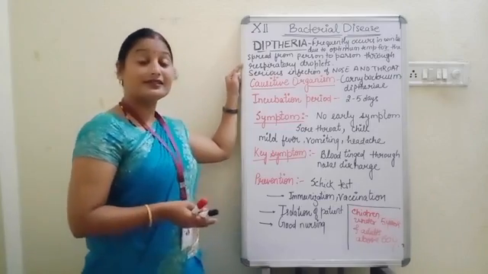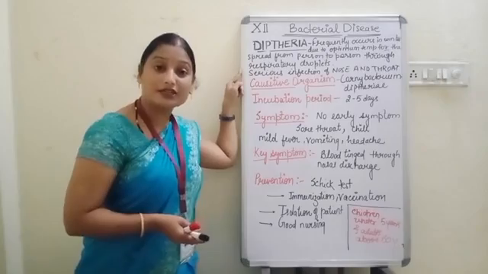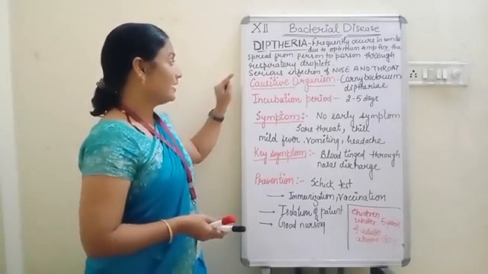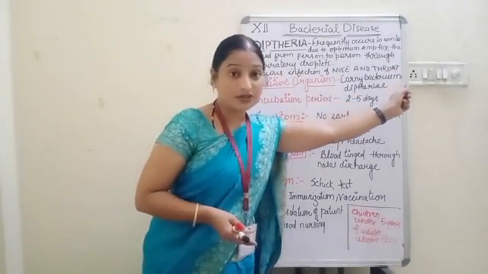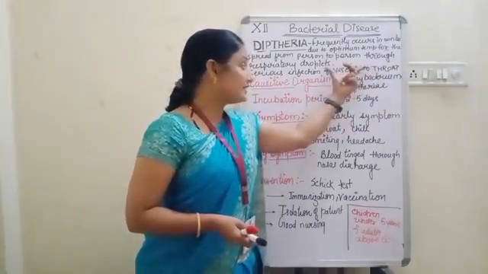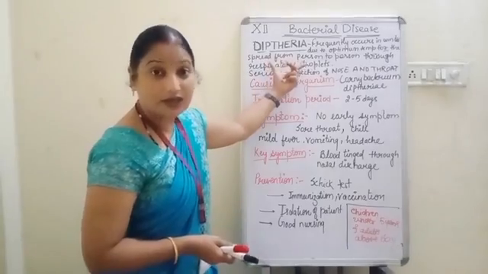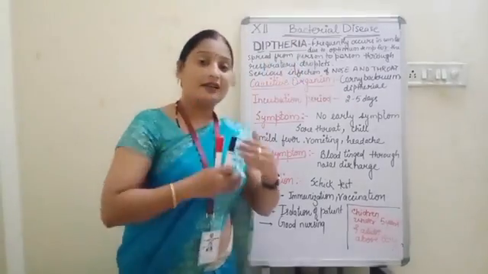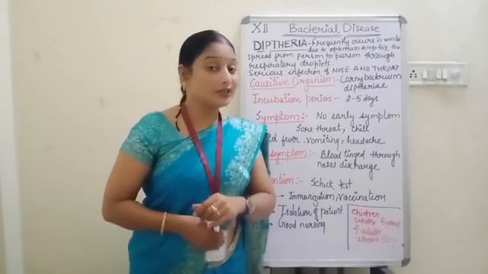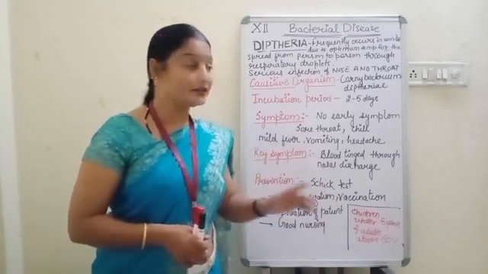Okay, and this disease spreads from person to person through the respiratory droplets. It is a serious infection of the nose and throat. Okay, so a serious infection of nose and throat spread through the respiratory droplets, and the optimum temperature for the development of this bacteria is in the winters.